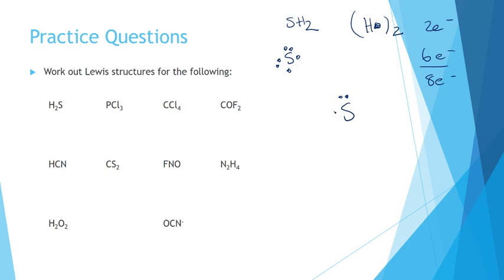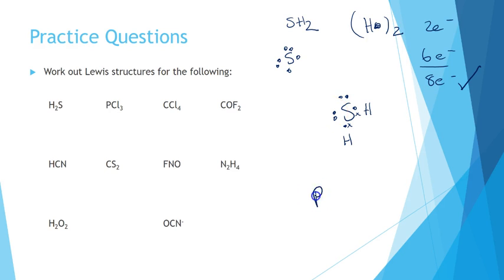We can already see that the sulfur is going to require 2 electrons, because it's got 2 unpaired electrons. Now we can put in the hydrogen, and we can see that we have put in 2, 4, 6, 8 electrons, which means we have used up all our electrons, and that the hydrogen has 2, making its outer shell complete. This hydrogen has 2, making its outer shell complete, and then we have 2, 4, 6, 8 for the sulfur. A nice easy one.